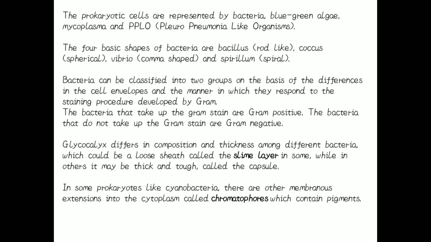If the bacteria take up the stain, then such bacteria are identified as Gram positive bacteria, and if these bacteria do not take up the stain, then they are identified as Gram negative bacteria.